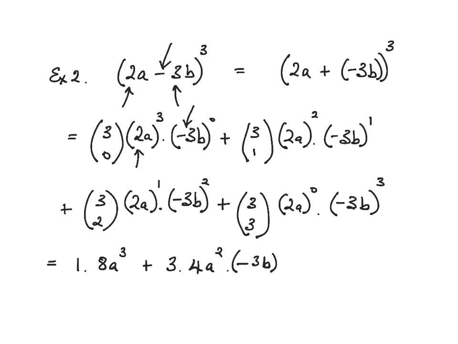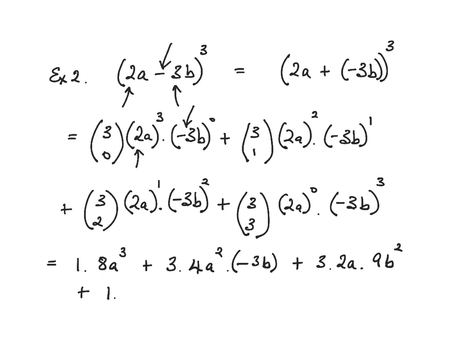Minus 3 to the power of 1 is minus 3, plus 3 choose 2 is 3, 2a to the power of 1 is 2a, minus 3b all squared, well minus 3 squared is 9, so it's 9b squared, and the last term, 3 choose 3 is 1, 2a to the power of 0 is 1.